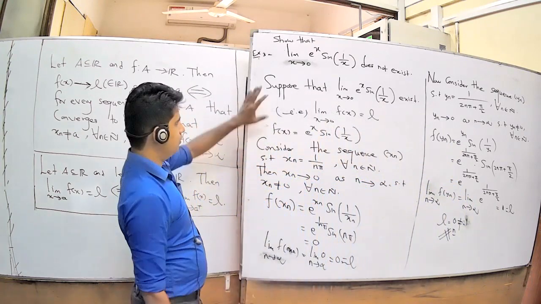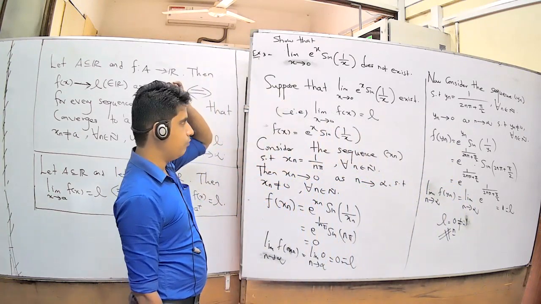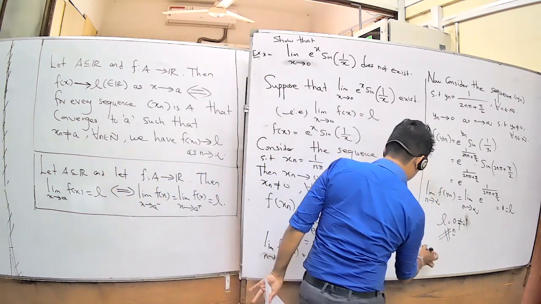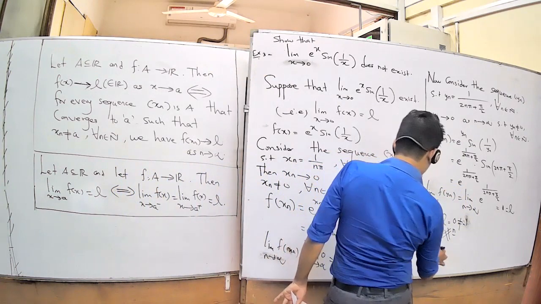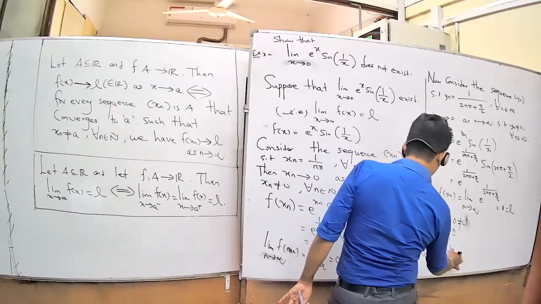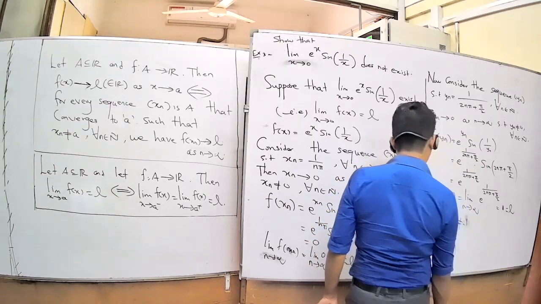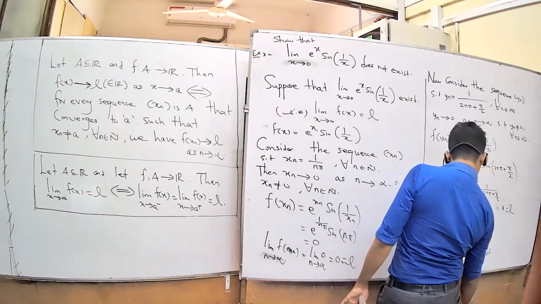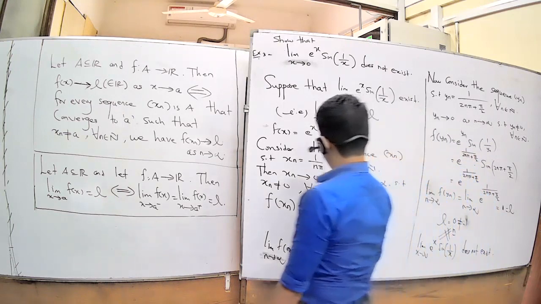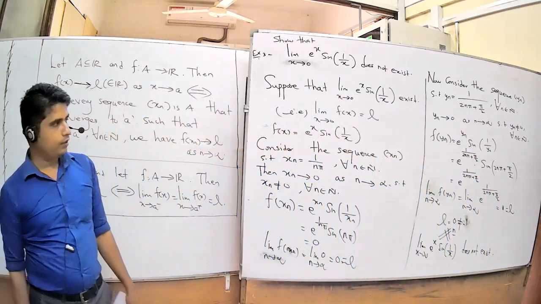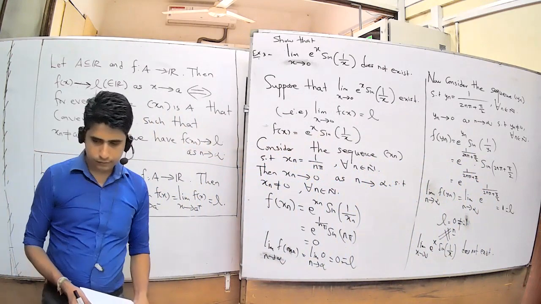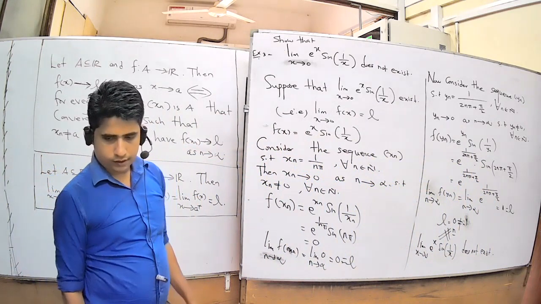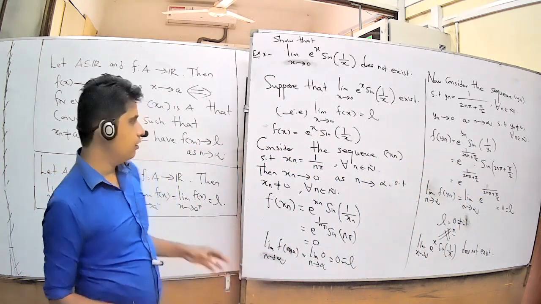That means the limit as x tends to 0 of e^x sin(1/x) does not exist.